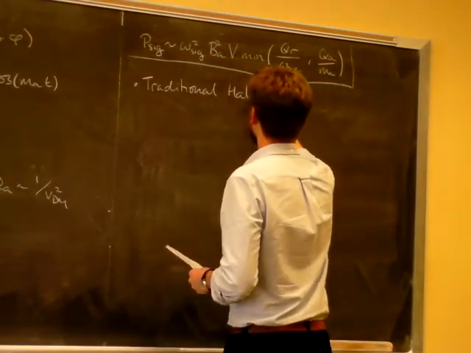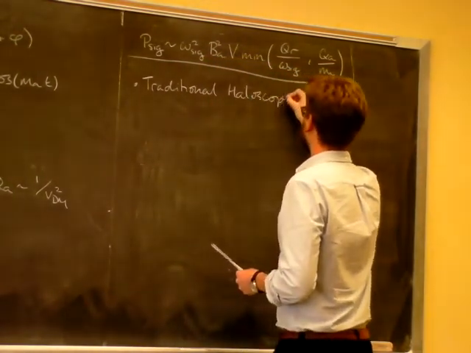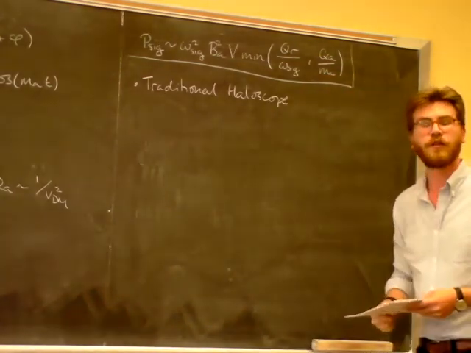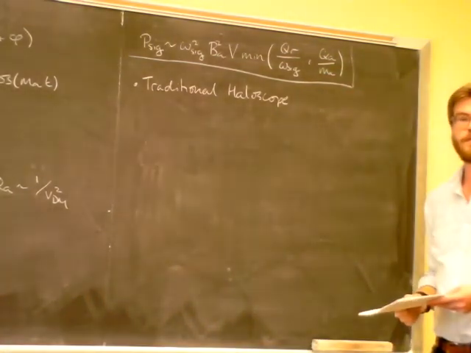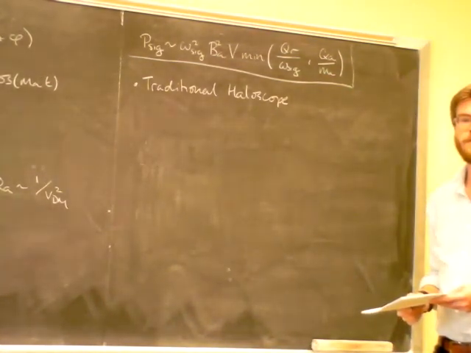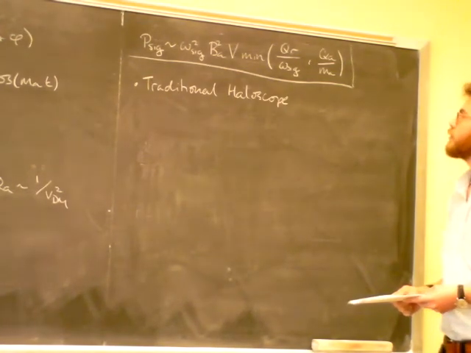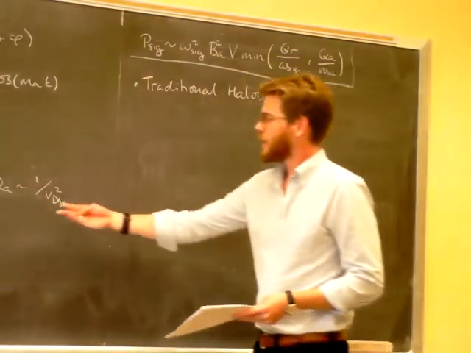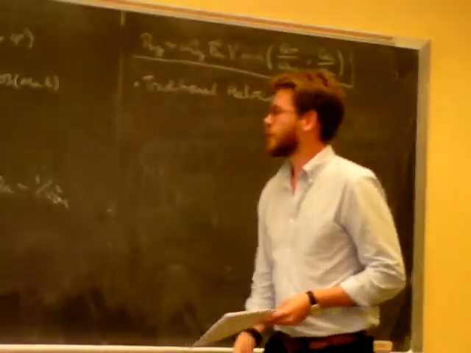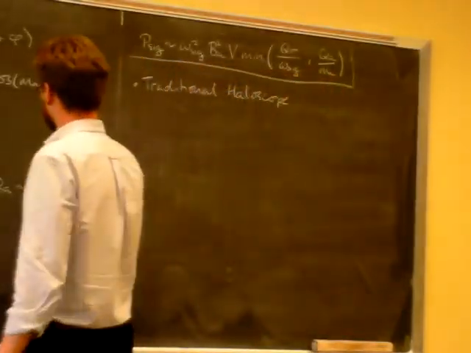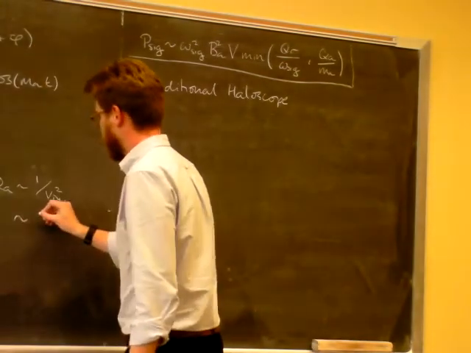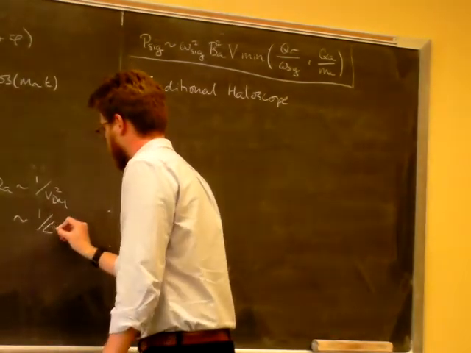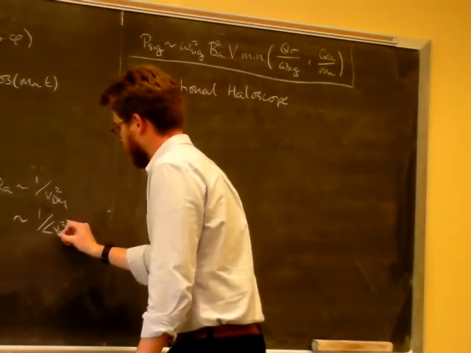Sorry, why is the quality factor 1 over V dark matter squared? Oh, velocity. So the quality factor is really 1 over the RMS value of the velocity of dark matter, right?